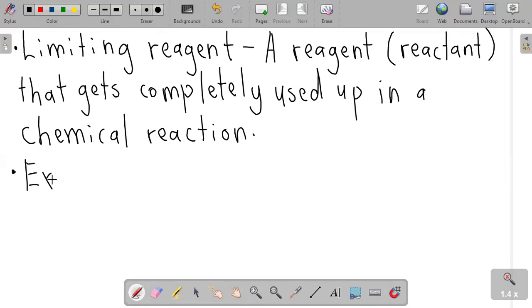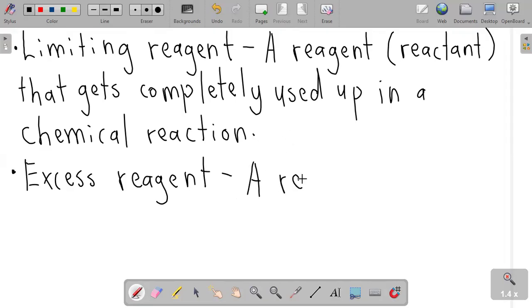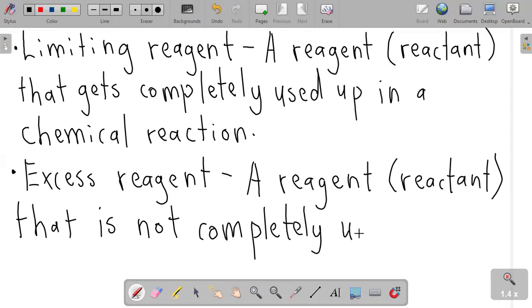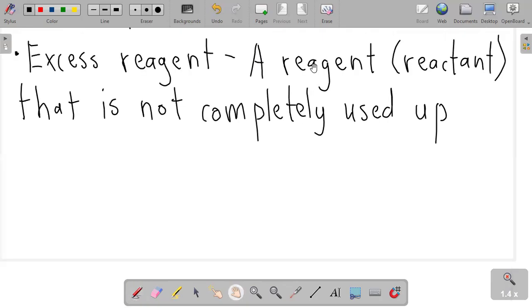And then an excess reagent. This is a reagent or reactant that is not completely used up in a chemical reaction.